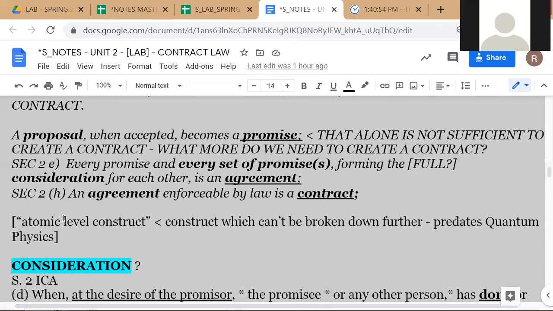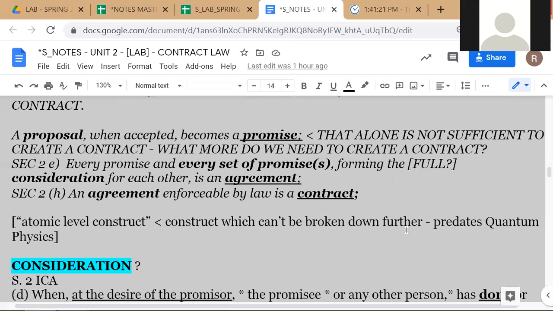This comes from the idea of the atom, which earlier used to be the lowest level of matter, I guess. I'm not a physics student, but of course now we have quantum physics, which is the physics of subatomic particles. This kind of language predates quantum physics. At that time, atomic level was indeed something you couldn't break down further.